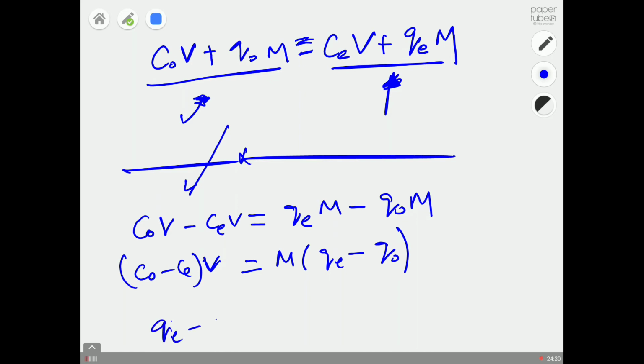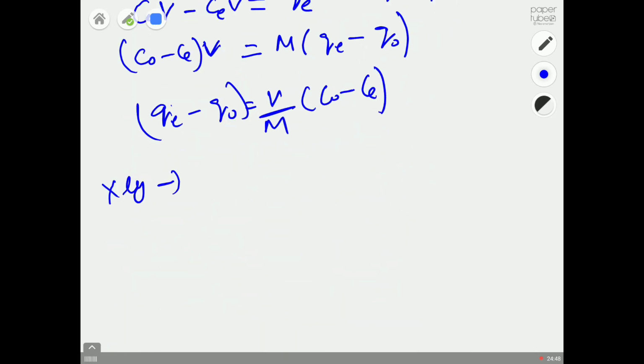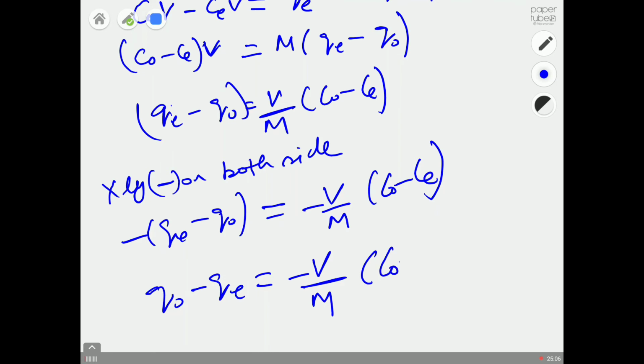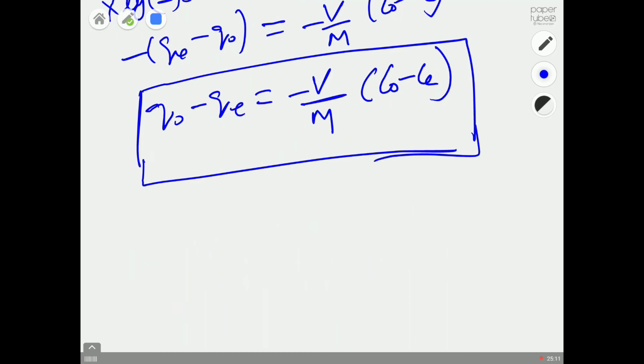So QE minus Q0 is equal to V by M into C0 minus CE, or you can multiply by minus on both sides. Then Q0 minus QE is equal to minus V by M into C0 minus CE.